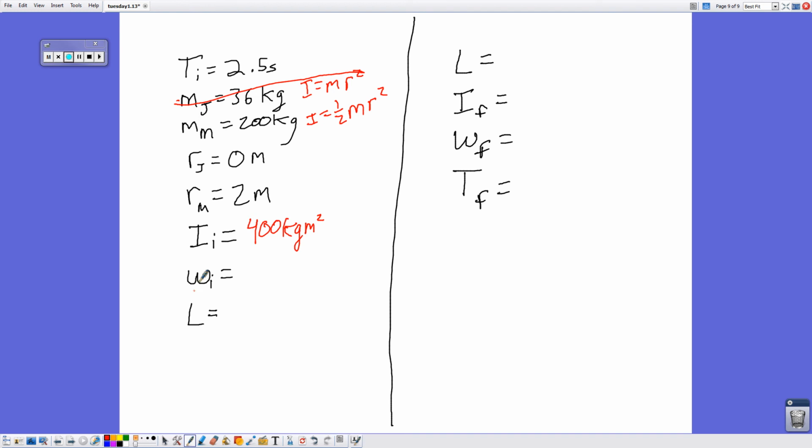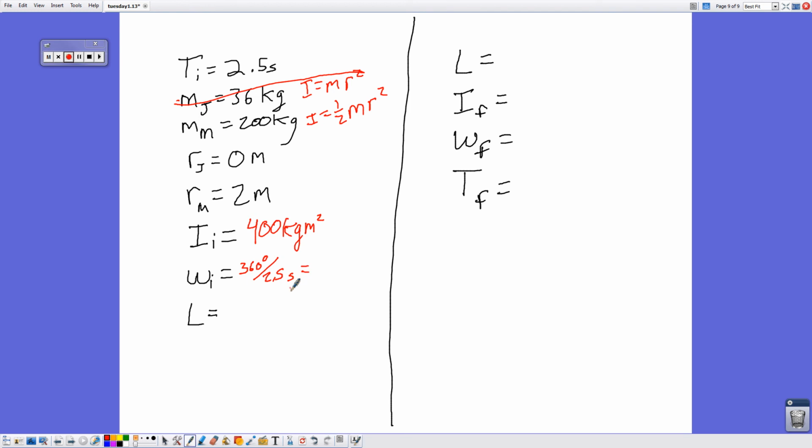Okay, so let's see. I need my angular velocity now. Well, I know that one complete rotation is 360 degrees, and he does 360 degrees in 2.5 seconds. So 360 degrees in 2.5 seconds.